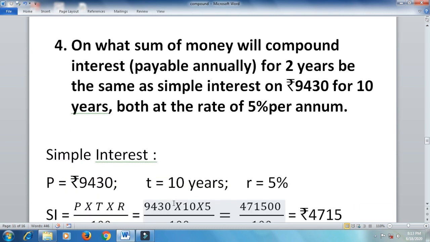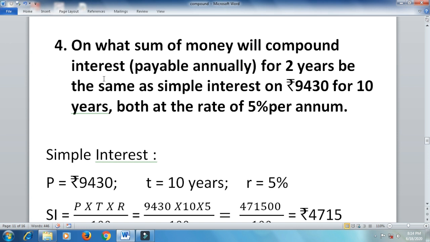Question number 4. On what sum of money will compound interest payable annually for 2 years be the same as simple interest on Rs 9,430 for 10 years, both at the rate of 5% per annum? Here also we have two cases.